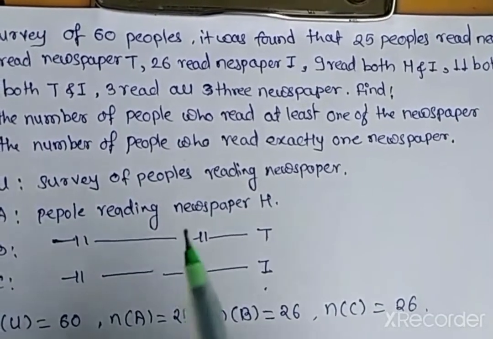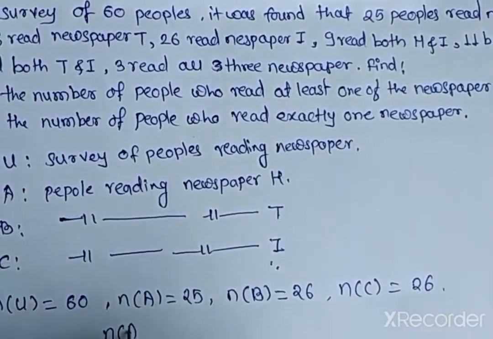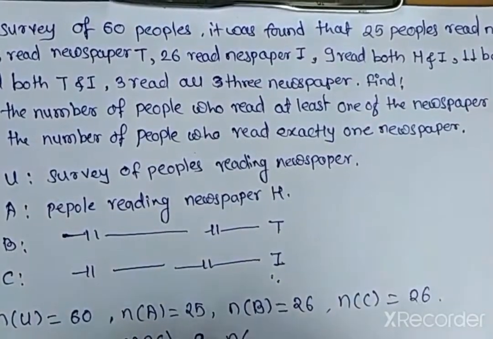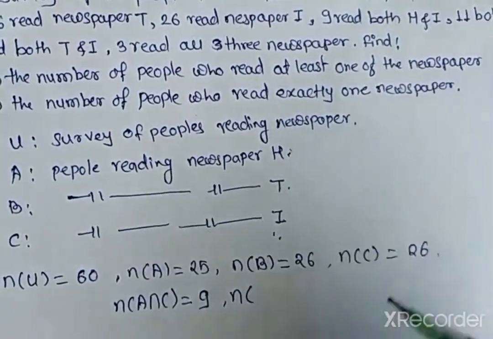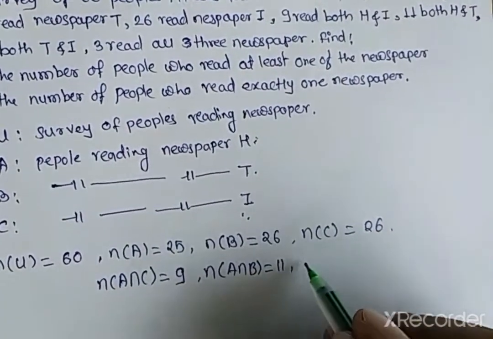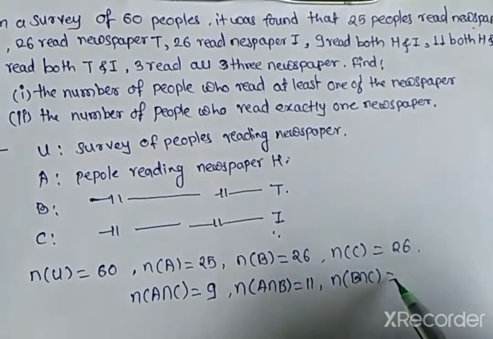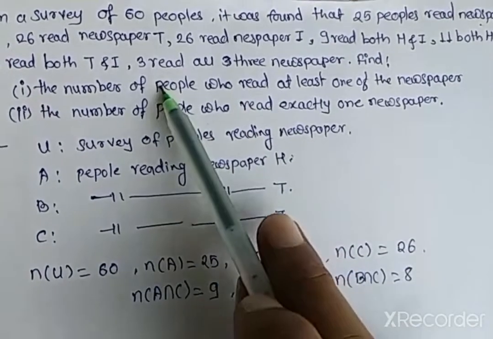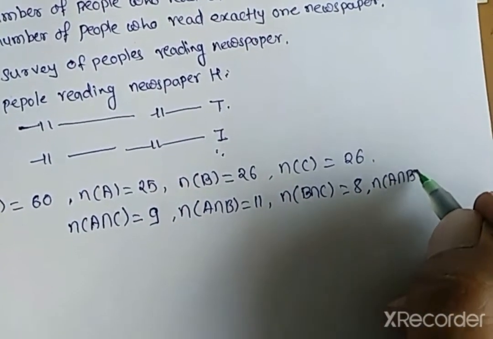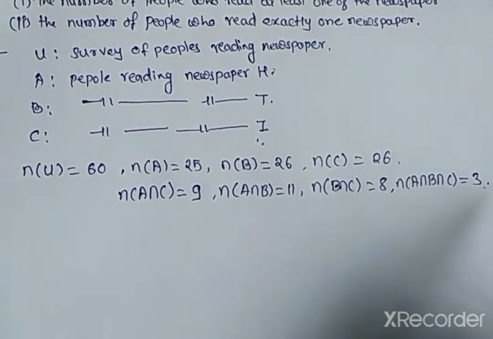Next, 9 read both H and I. So here H and I are sets A and C. So N of A intersection C, which is given as 9 read both H and I, so it is 9. Next, 11 read both H and T. So H and T, which is A intersection B, is equal to, from the question, 11. And the remaining is T and I, which is B and C, so B intersection C is equal to 8. And last it was given that 3 read all 3 newspapers. Okay, so that is N of A intersection B intersection C is equal to 3. That is, 3 people read all of the 3 papers H, T and I.